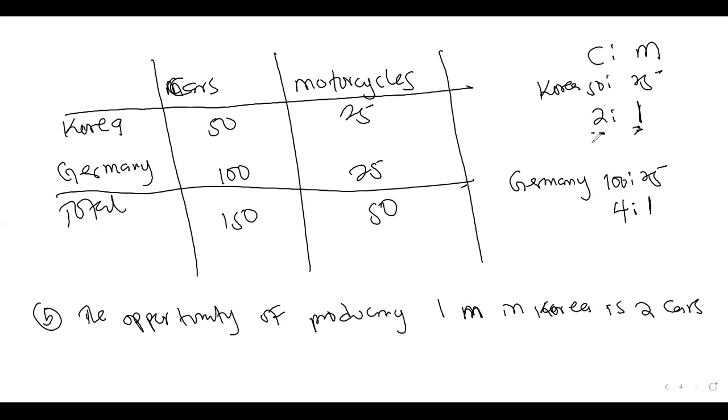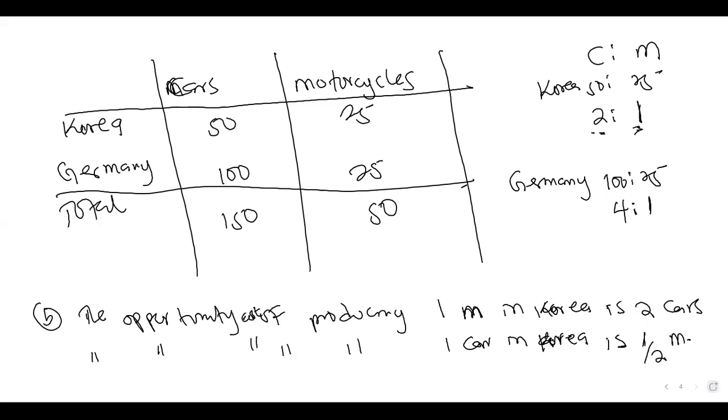However, the opportunity cost of producing 1 car in Korea is the inverse. So if one motorcycle is to 2 cars, that means that 1 car will be less. If less, we divide, right? So it is 1/2, or half a motorcycle. So the opportunity cost of producing 1 car in Korea is half a motorcycle.